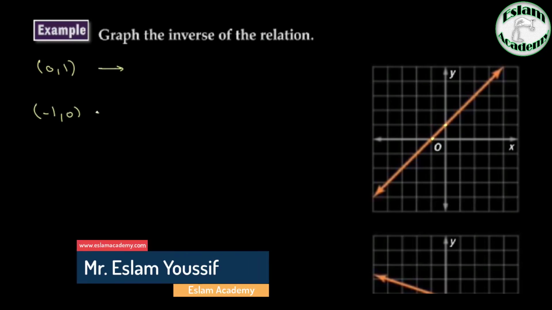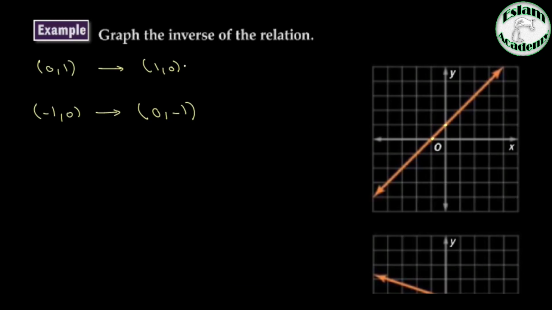Find the inverse: it will be (1, 0) and (0, -1). That's the graph of the first point and the second point. Then you can draw the line. So to find the inverse of the line, just find 2 points, then find their inverse, then graph the line.